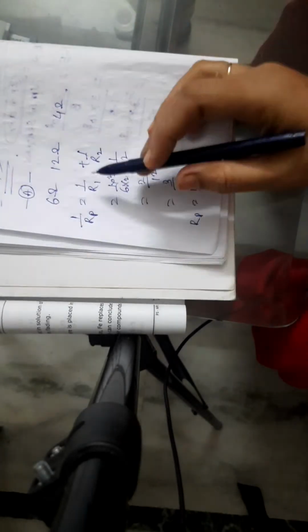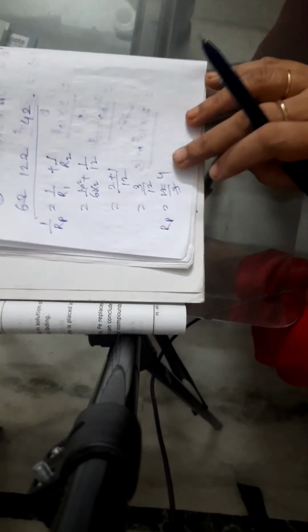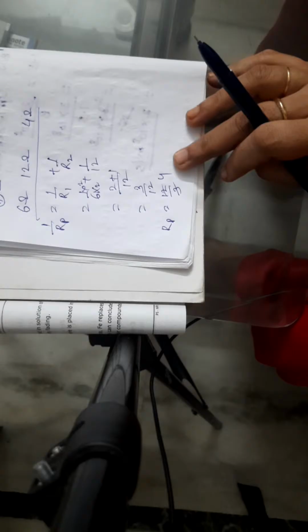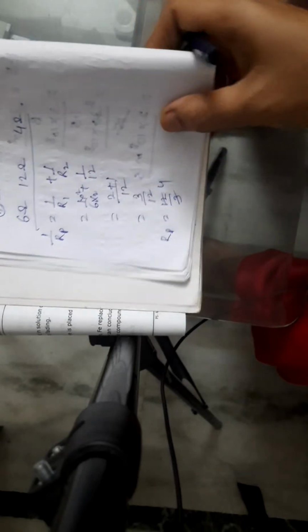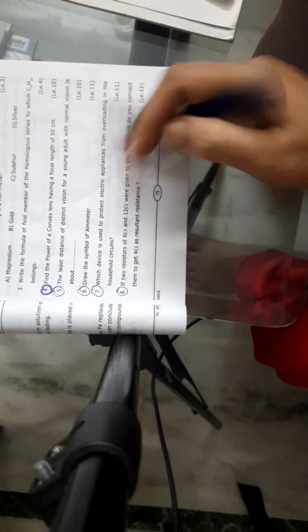Thus it is 4. How can we get the resistance 4? So when we connect both the resistors in parallel, we can get the resistance as 4 ohm. Okay, is it clear? So the question got completed. Now the next part. Okay, here the 4 questions got covered. So let's move on with the next one.